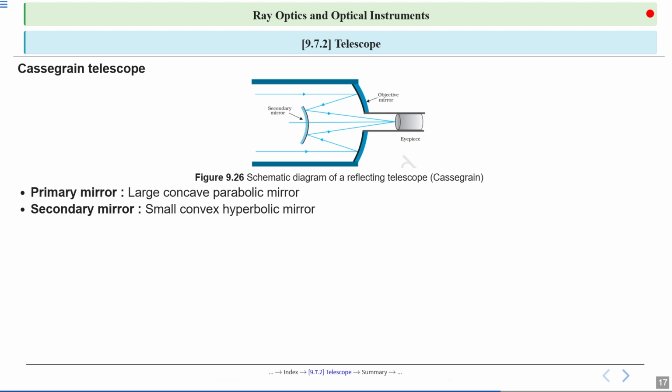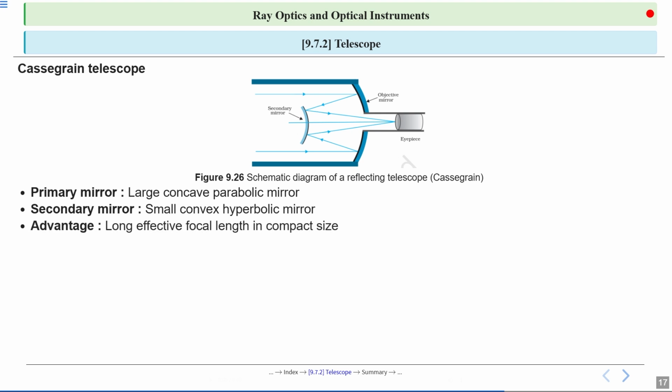This means it can provide high magnification without being physically large, making it easier to handle and use. This design is particularly beneficial for amateur astronomers and observatories with limited space. Large focal length here means a large focal length of the objective mirror.